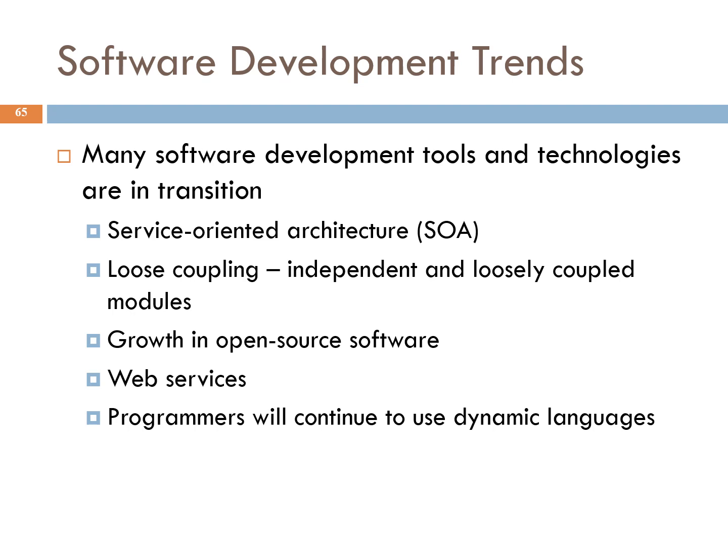So software is developed based on modules and they are loosely coupled, so easier to maintain. Growth of open source software, more and more open source software, application of software with web services, and also programmers using dynamic languages.